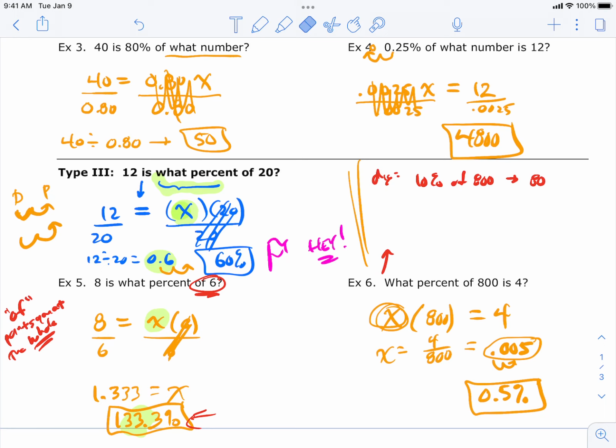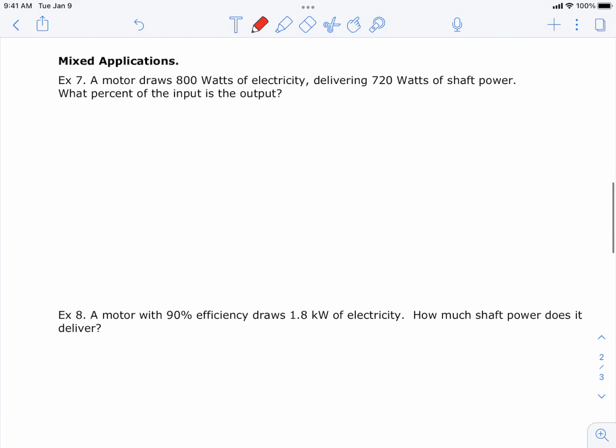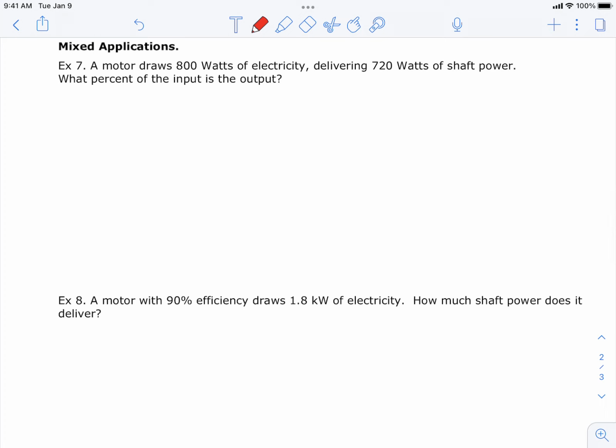So 10% is 80. 1% would be 1/10 of that, which would be 8. We only had 4. That's half of that. It's half of a percent. Get it? So it actually digs out. It grooves. It's cool.